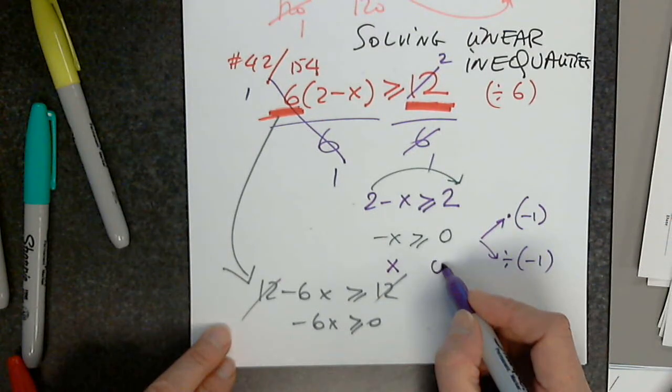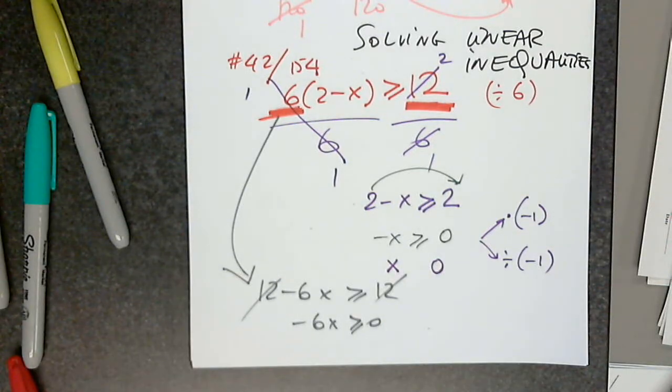Perfect. But now I have to think. I multiply both sides of an inequality by a negative number. This is another thing for our little concept list. What do I need to do when I multiply both sides of an inequality by a negative number, and only when I multiply or divide by a negative number?